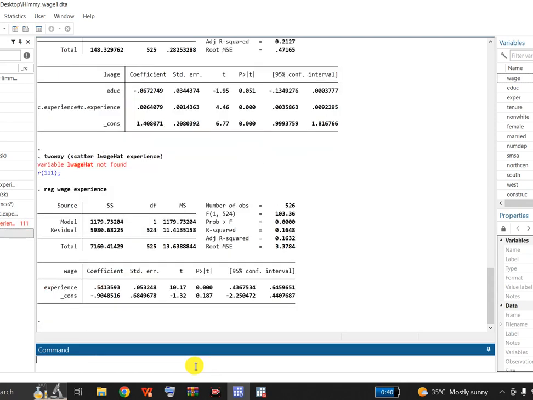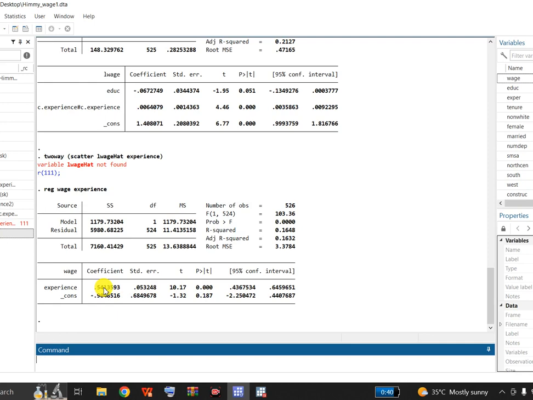Now this is my regression output. These are the models, levels, statistics. This is the ANOVA, and this is the coefficient of experience. This is its standard error, its t-value, its p-value and 95% confidence interval.